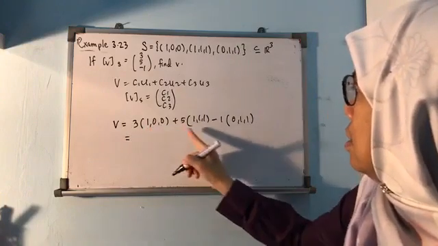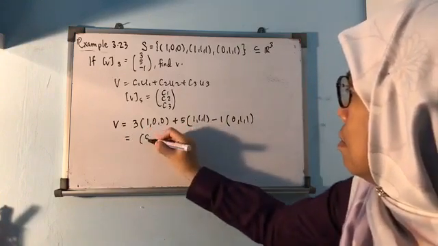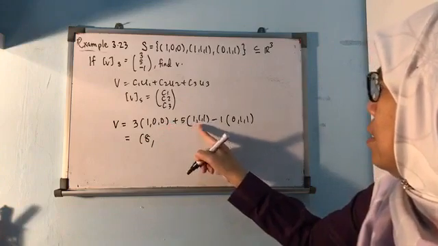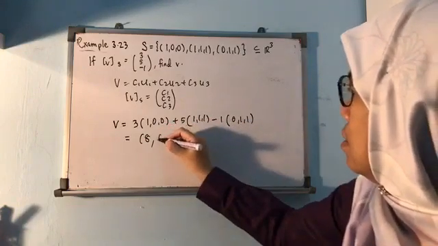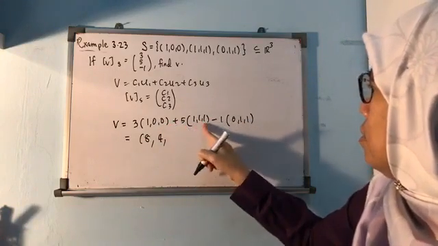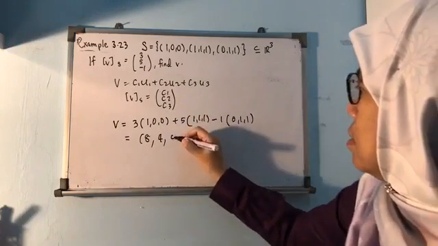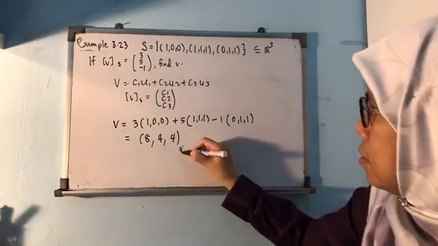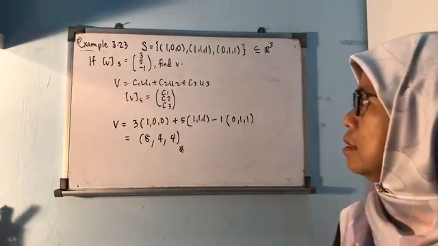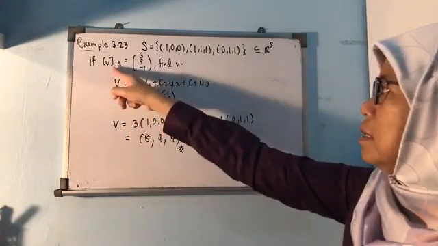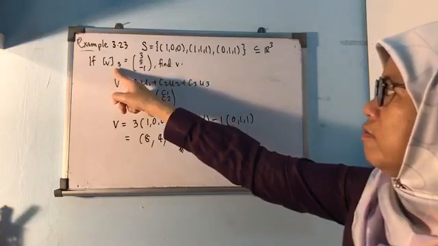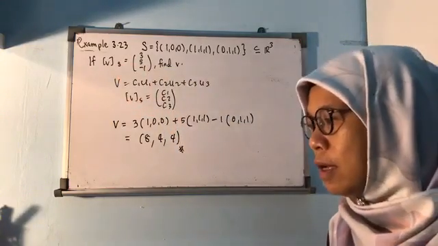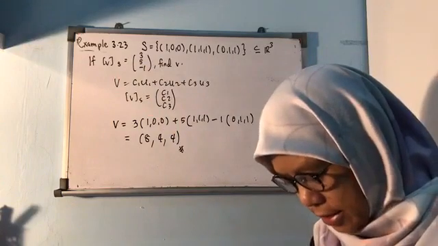So this is 3, 8, 0, 5, 5 minus 1, 0, 5, 5 minus 1. Okay, so this is easier, but you have to remember the definition of the coordinate vector.